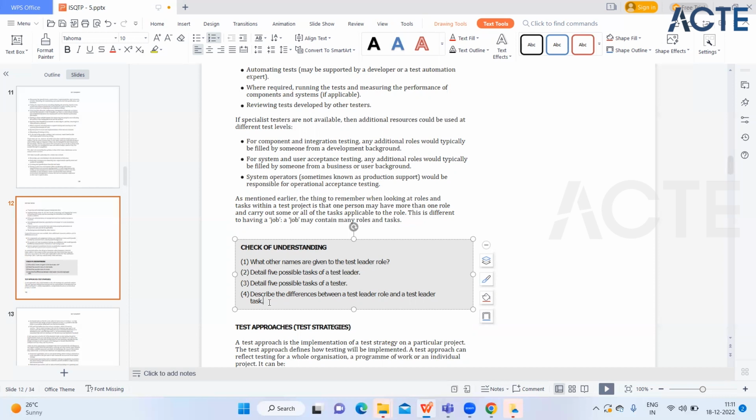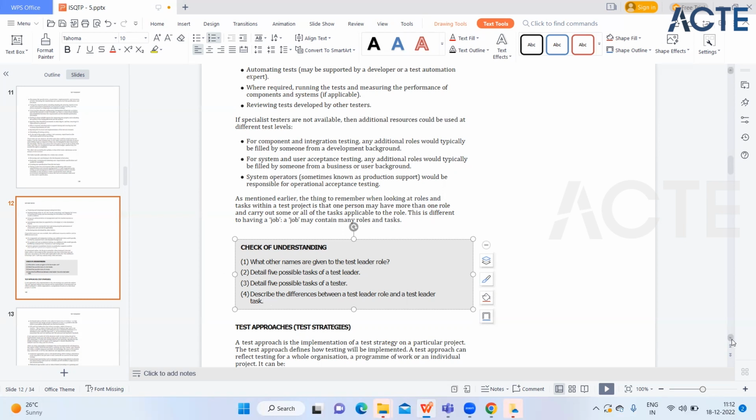It's not necessary, but you might get a question like that, on the tasks of a test leader and the tester. So you just have to revise the key bullet points which I explained to you, the test leader tasks and the tester tasks, then only you can provide the differentiation.